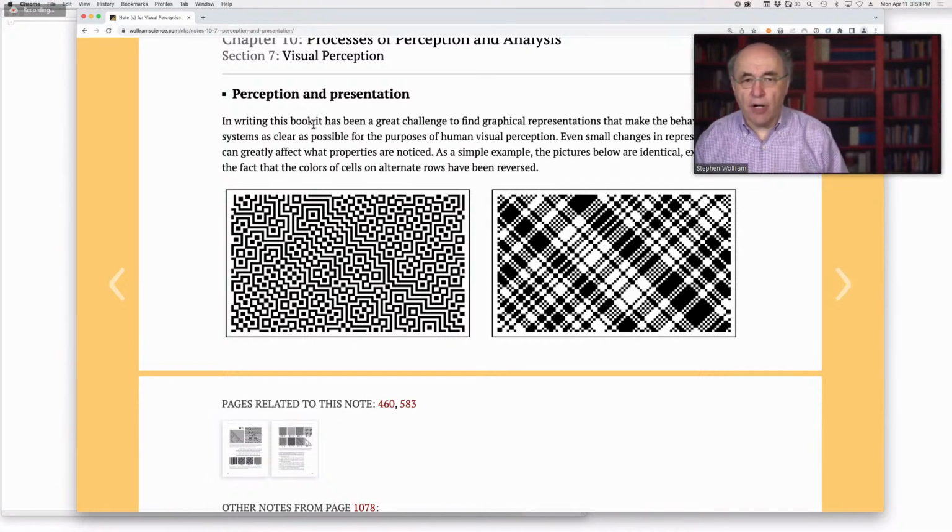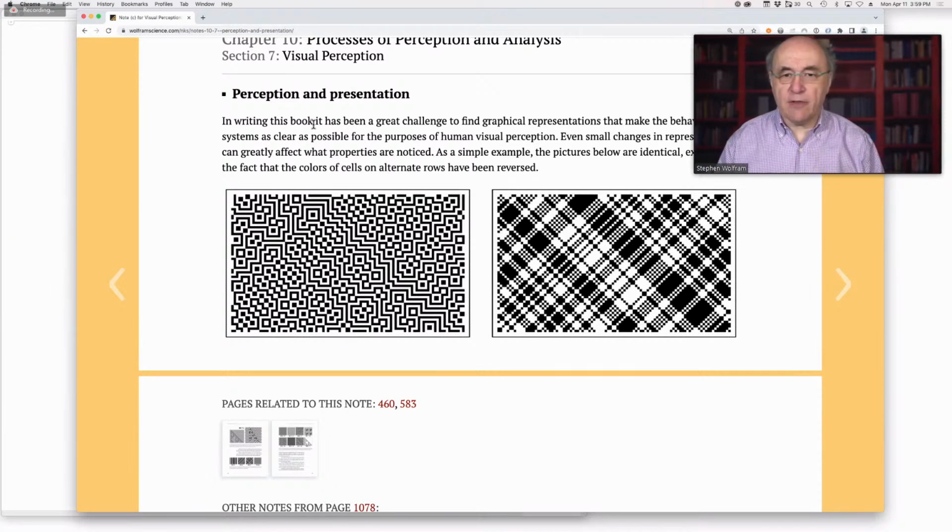In writing this book, it was non-trivial to find graphical representations that actually work for the human visual system. For example, one of the reasons the book wasn't in color, apart from the fact that it would have been too difficult and expensive to print at that time, is that one of the things I knew was that when you have an array of, let's say, red and green cells, the way our visual system works, just by a pattern of red, green, and black cells, you can have what appear to be different colors, even though they're really just made from red and green, but they stand out as different colors just because of features of our visual system.